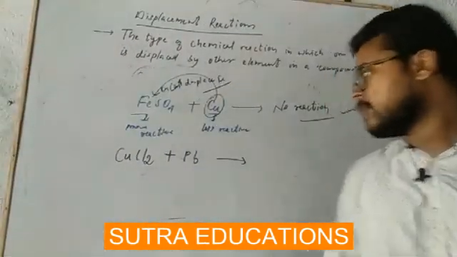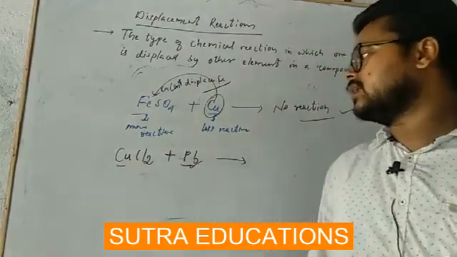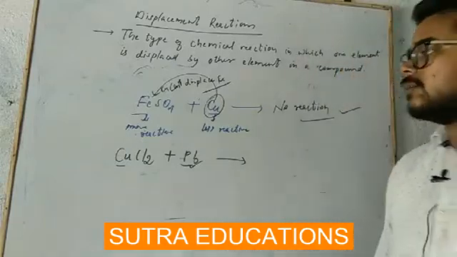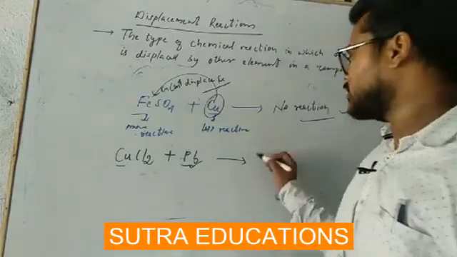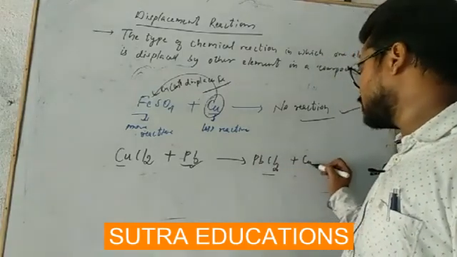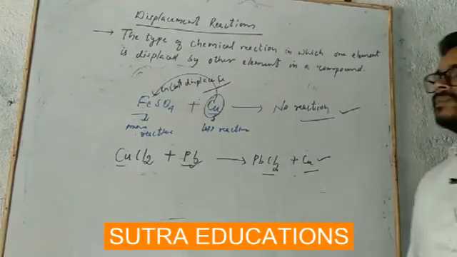Again, this time lead is more reactive than copper. So lead is going to displace the copper, and the reaction will be PbCl2 plus copper. Got it? So this is all about displacement reaction.